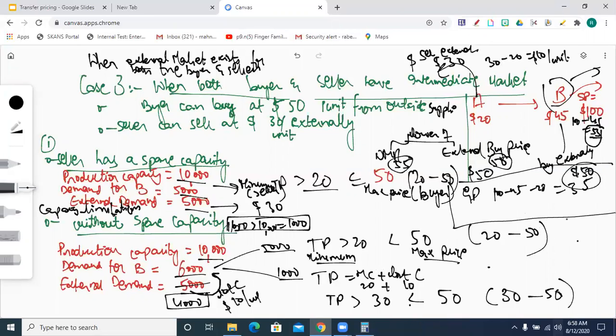But imagine when they go externally, okay? Then in that case, what would happen? Maybe the same unit A would sell externally. For example, the same unit he would sell externally at 30.